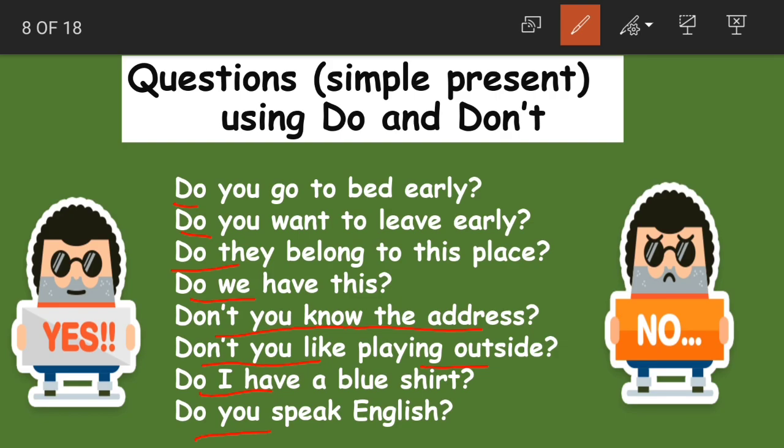English is a common language where everybody can speak and understand. So if you want to talk to him, you can ask, do you speak English? Because he doesn't know your language. If he says yes, I can speak English, then you can communicate with him in English.